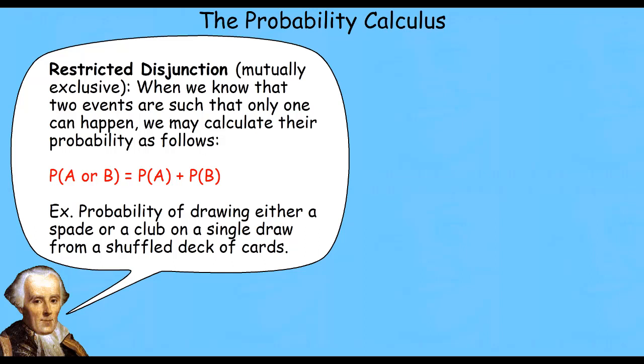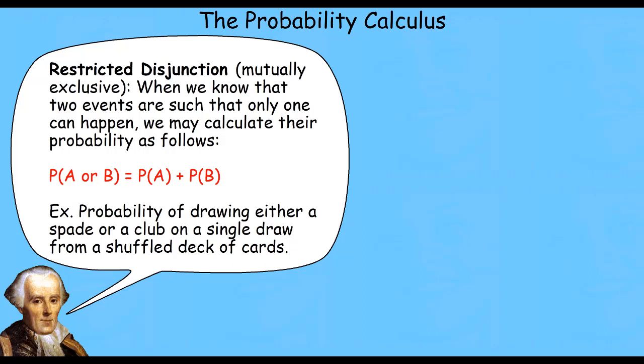And it tells us that the probability of A or B equals the probability of A plus the probability of B. So let's go ahead and do an example to illustrate how we'd use this rule. Let's calculate the probability of drawing either a spade or a club on a single draw from a shuffled deck of cards.